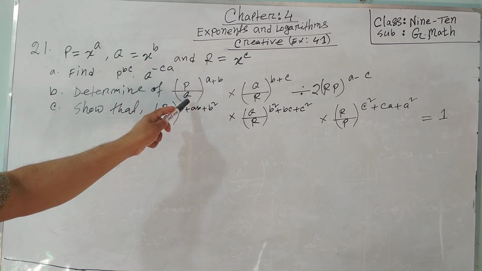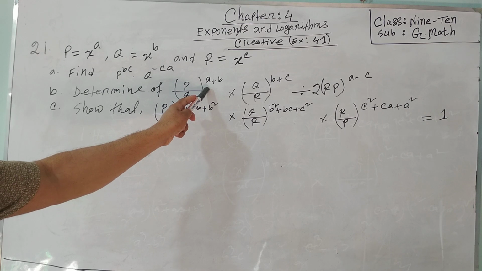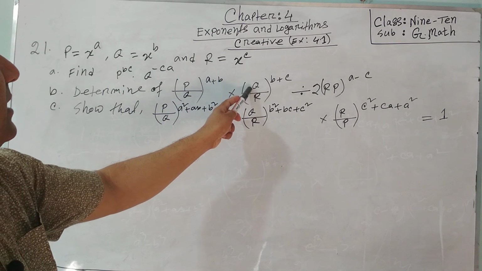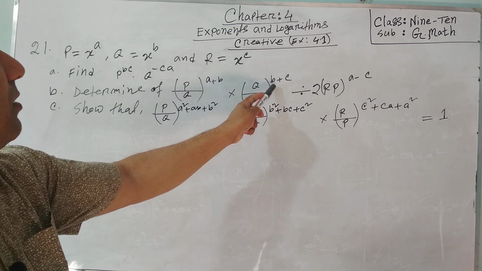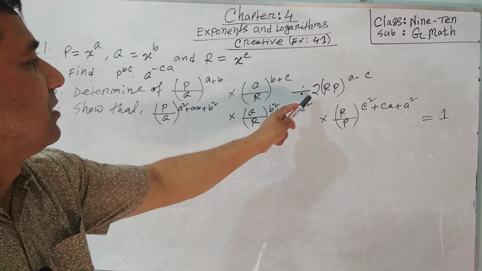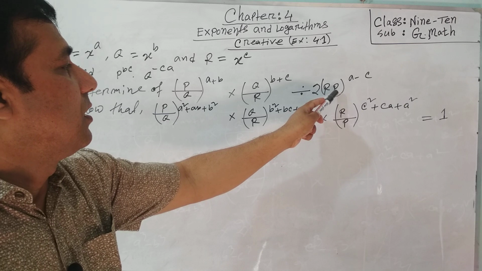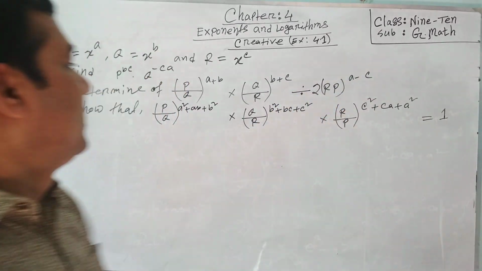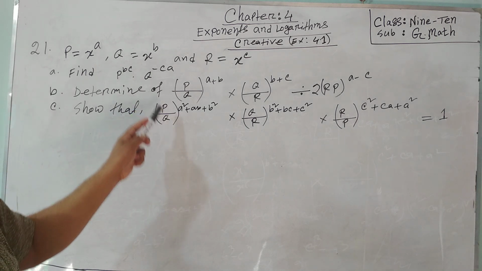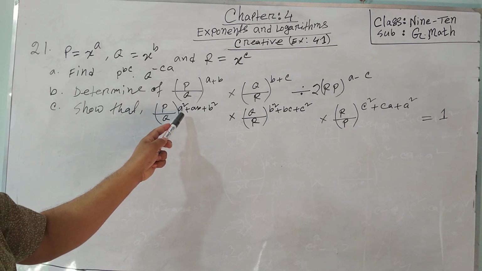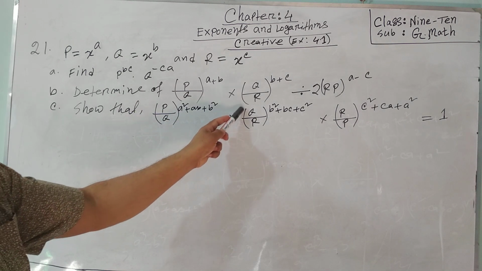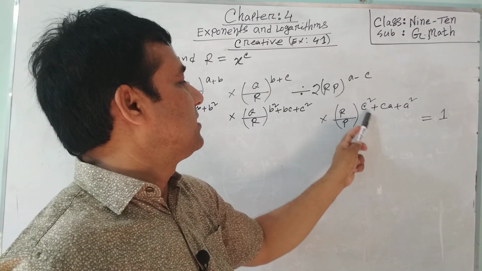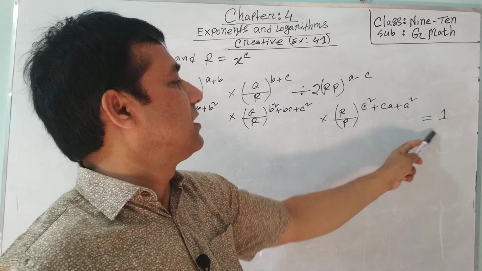Part b: determine the value of p divided by q to the power a plus b, dot q divided by r to the power b plus c, division 2 into r divided by p to the power a minus c. Show that p divided by q to the power a square plus a plus b square, q divided by r to the power b square plus bc plus c square, and r divided by p to the power c square plus c plus a square equals 1.